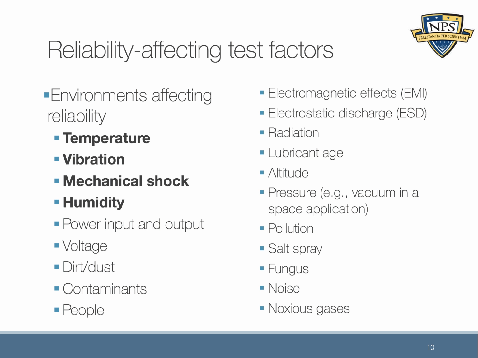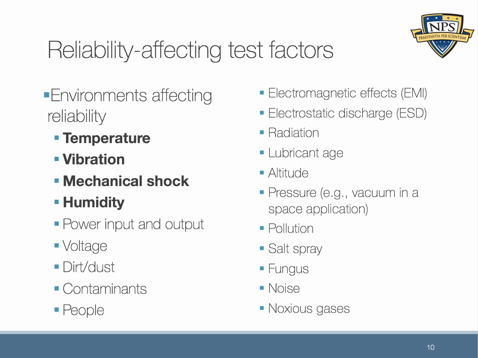But essentially, temperature, vibration, and mechanical shock are certainly stressors. These are very common stressors, the most common ones. And then also humidity. So I would say the first four, highlighted in bold, are the most predominant and most well-known types of reliability affecting test factors.